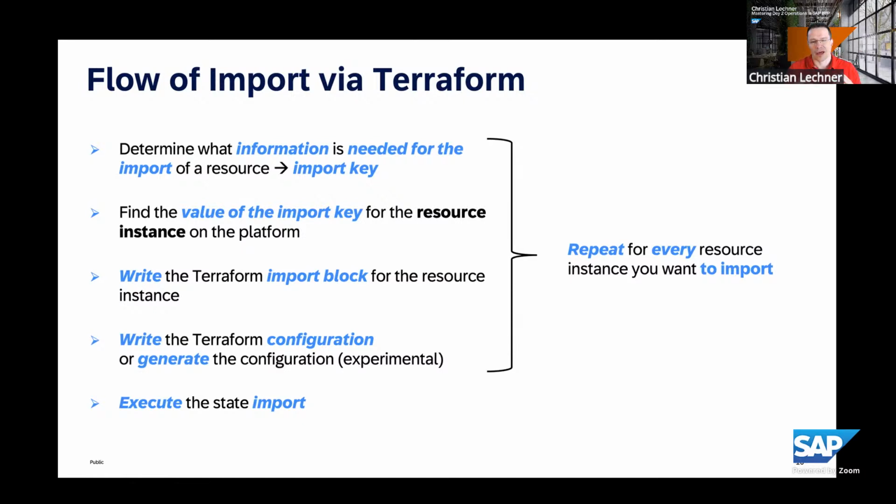As you can already think of, that's not that easy to do, and it's quite some work that needs to be done. And we have a sample there which walks you through the way of doing those 4 steps for several resources in our samples repository, which is taking the path of manually writing the Terraform configuration.